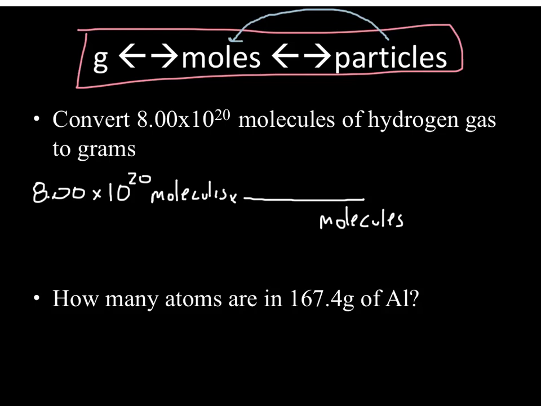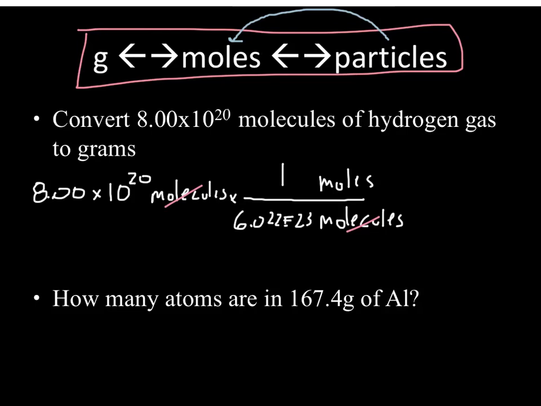So that's where we're going to go, which means the unit on top has to be moles. So we have where we were, where we're going. That makes it so that molecules cancel out molecules. And then the conversion for that is Avogadro's constant. For every 1 mole, there is 6.022 times 10 to the 23rd molecules.